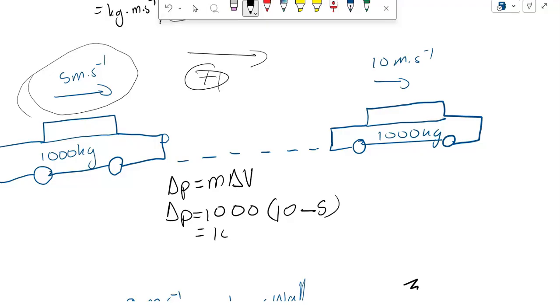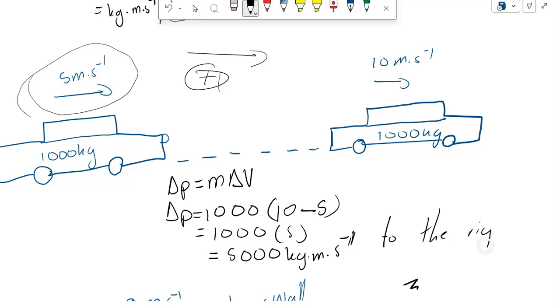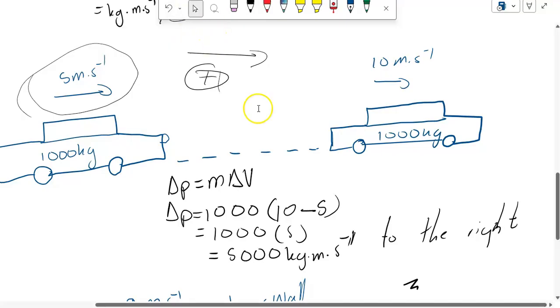And this is just 1000 multiplied by 5. So my change in momentum is just 5000 kilogram meters per second. Since I got a positive answer, I'm going to say to the right. And then you're done. Let's now look at the final example.